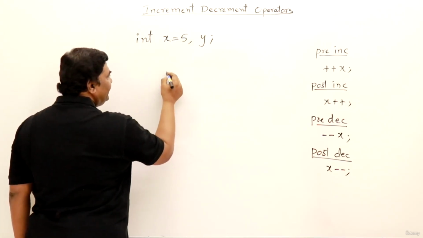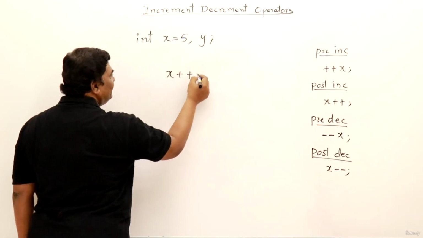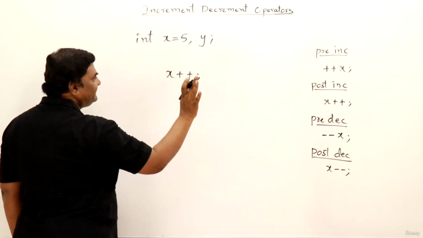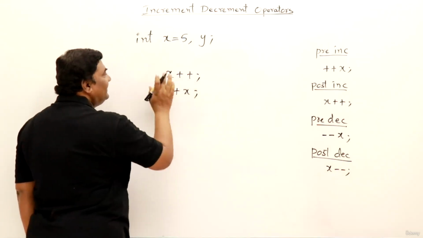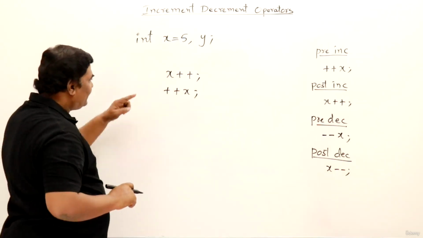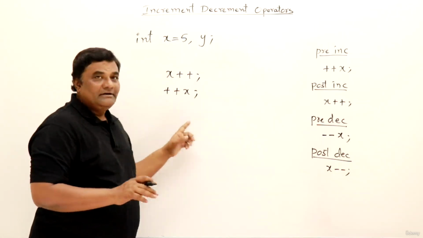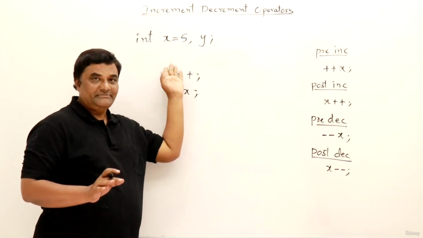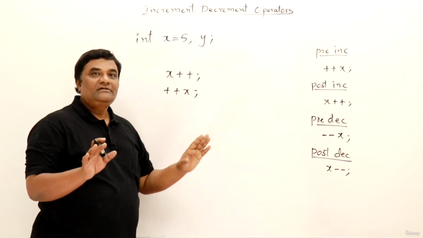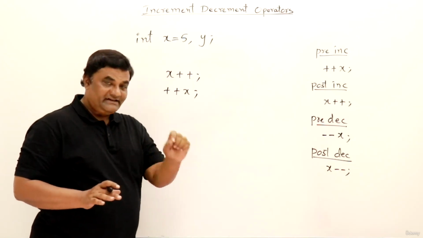Then if I say x plus plus, then x becomes 6. Even if I say plus plus x, then also x becomes 6. Whether I write like this or like this, both have same meaning. Either pre-increment or post-increment, or post or pre, whatever the statement may be, the result is same.